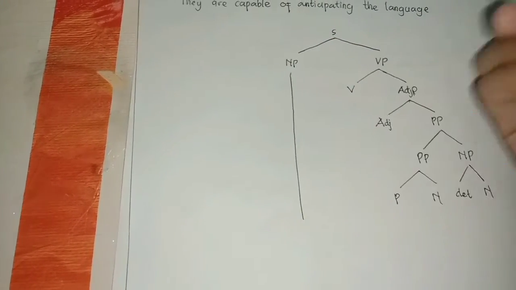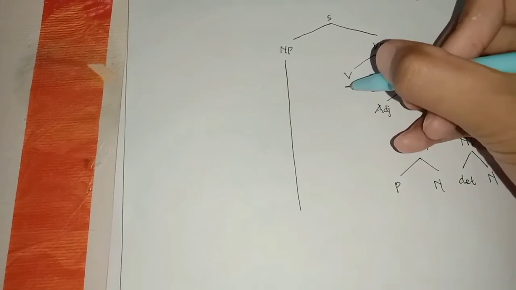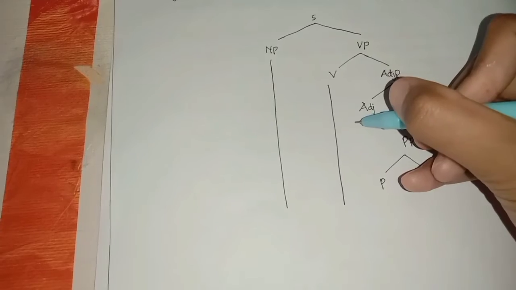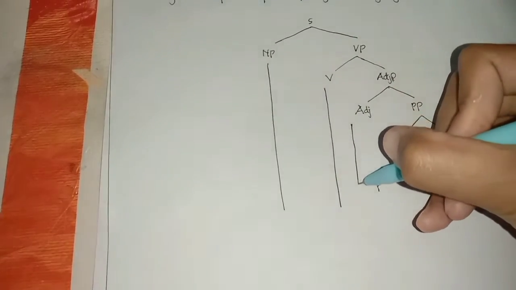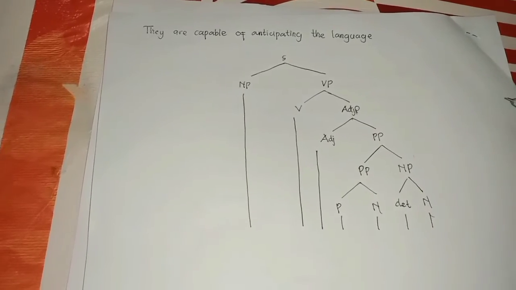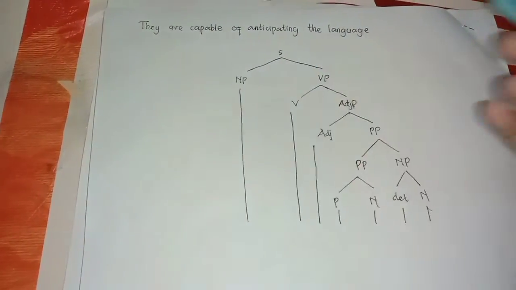After the smallest elements are drawn, we draw the lines of this tree diagram. Make sure the lines go straight down. After that, we have to rewrite the words of this sentence.